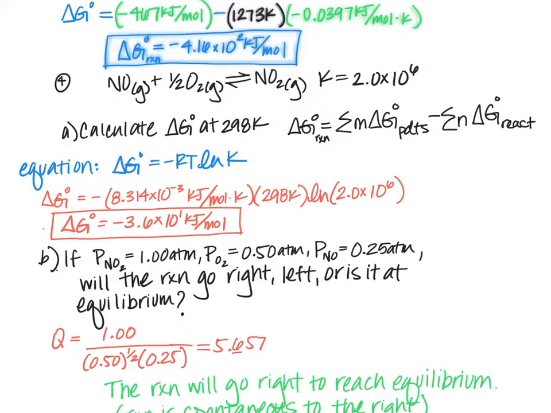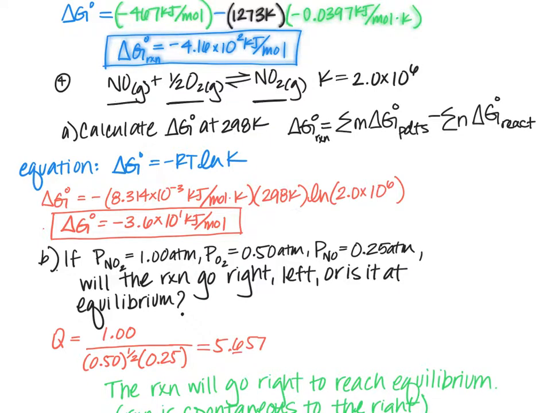You could use this equation. However, if the values for delta G are not given in a chart for nitrogen dioxide, oxygen, or nitrogen monoxide, it will not do you any good. So you're not going to be able to use this equation because you have no values for the products and reactants to plug in.